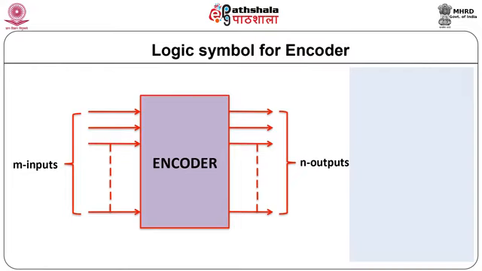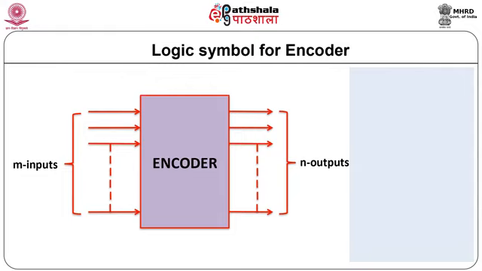An encoder has a number of input lines but only one of them is activated at a time, representing a digit or a character, and it produces a binary code depending on which input is activated.